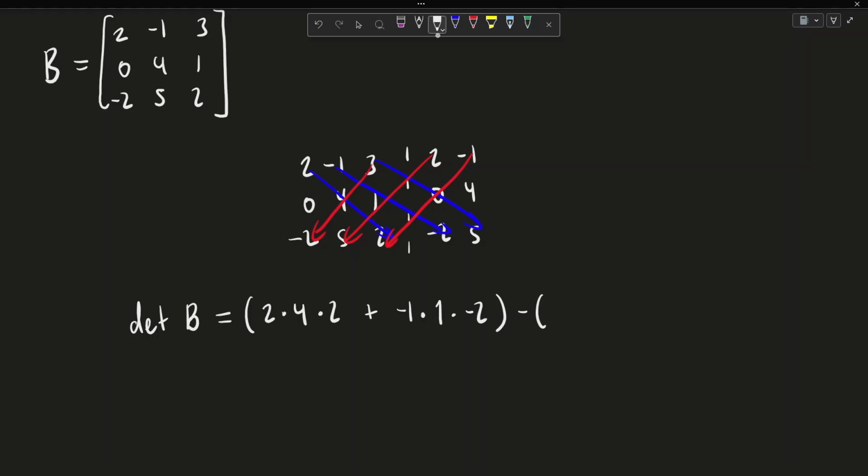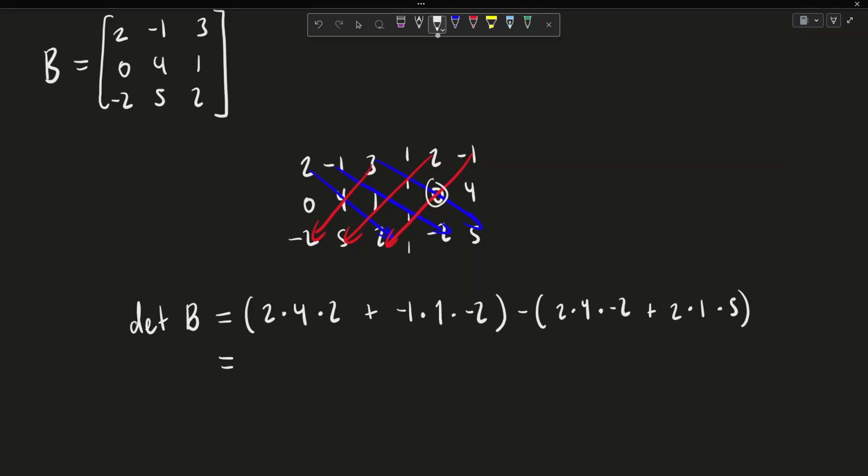Then from this we subtract 2 times 4 times negative 2 plus 2 times 1 times 5. And again we see that this 0 just negates this final term.